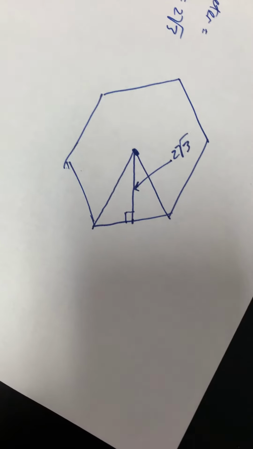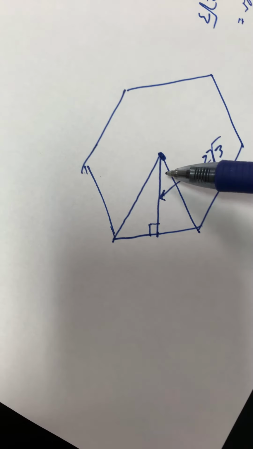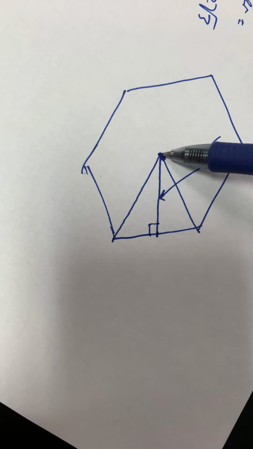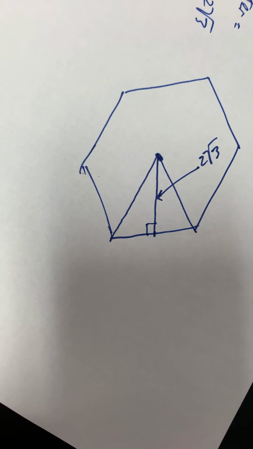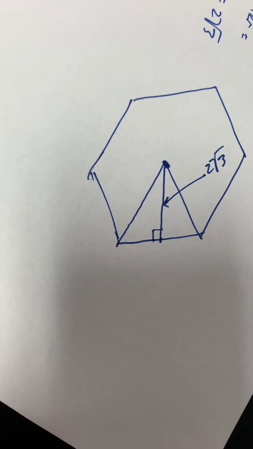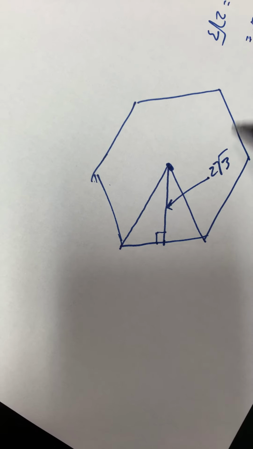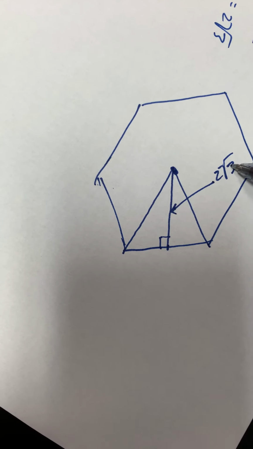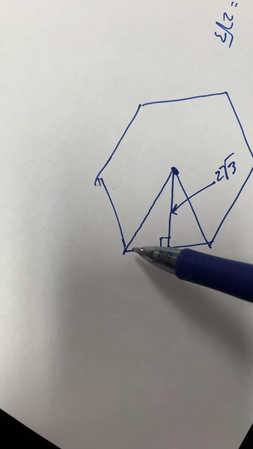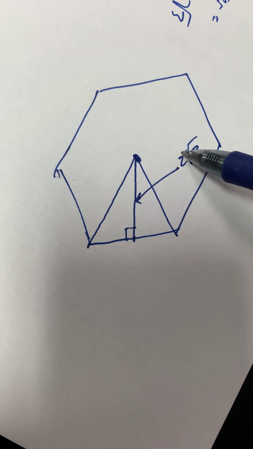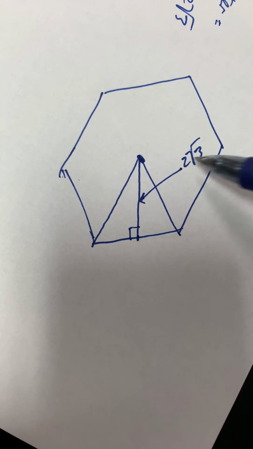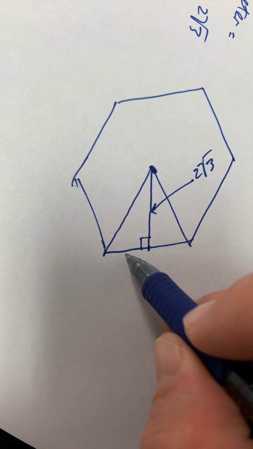Okay, so check it out. Remember that the long side of a 30, 60, 90 triangle is the square root of 3 times whatever the short side is. Well, we have the square root of 3 times what? Well, 2. So that means that this is 2.